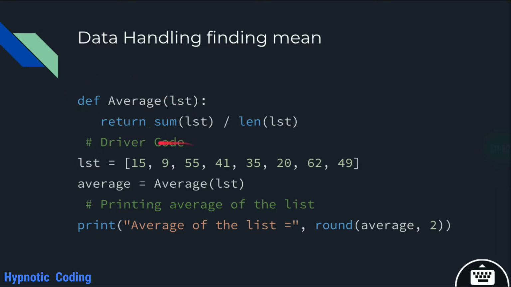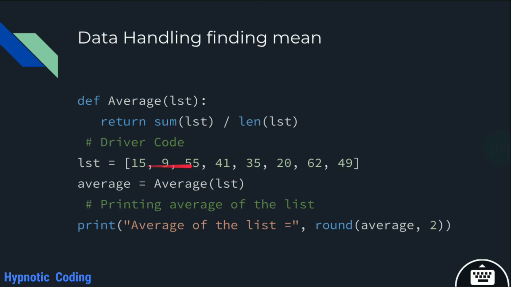So here there is a number list, I have defined just a list of numbers. I will be storing the average function in an average. So let's say there is a list here. So average is equal to list.